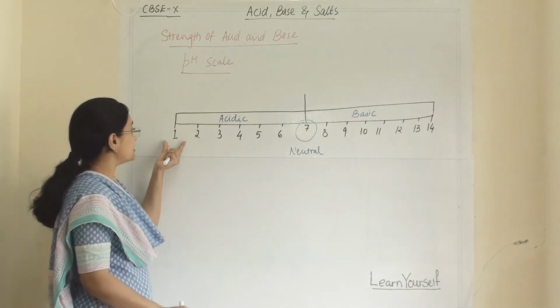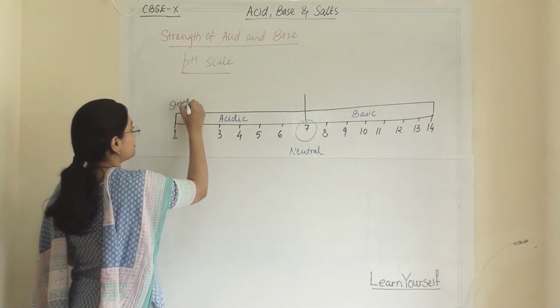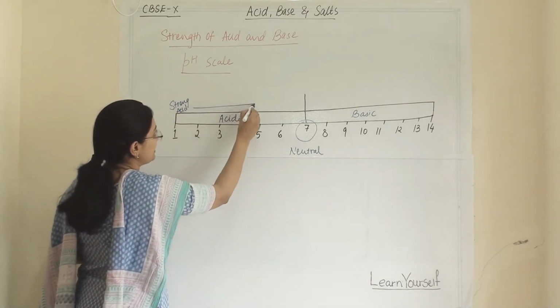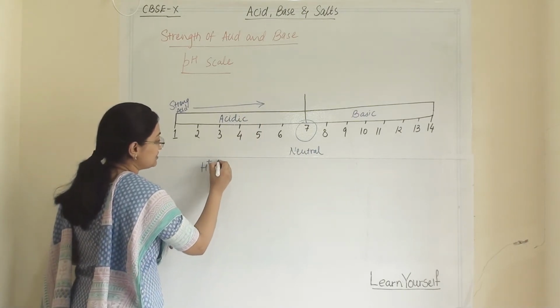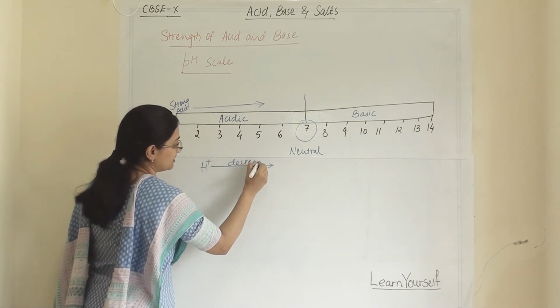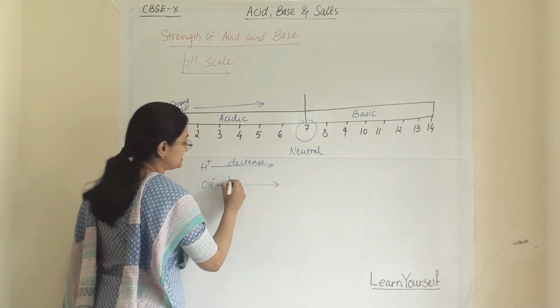When the pH is 1, this is a very strong acid. As it goes towards 7, the strength of H plus will continuously decrease and the strength of OH minus will increase.